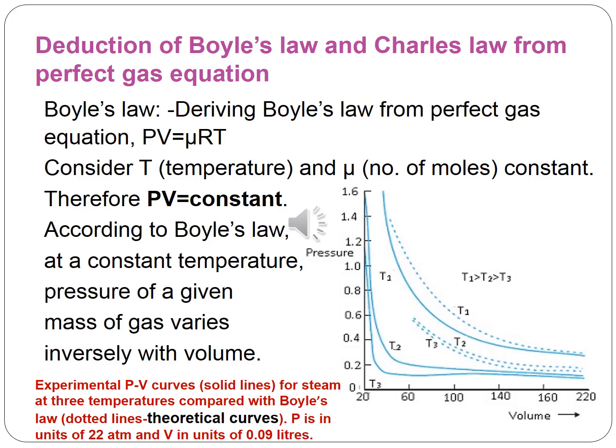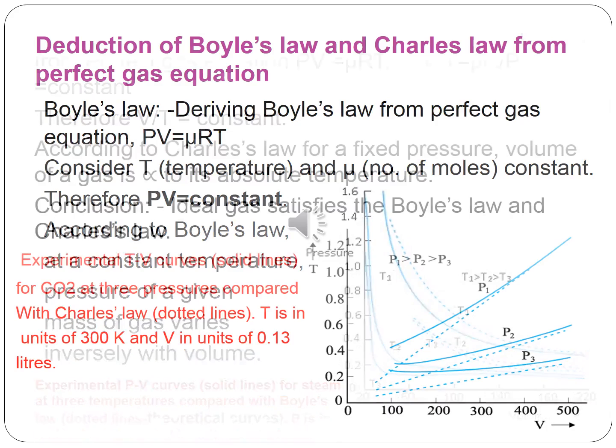As I told earlier, at high temperature and at low pressure, the real gas behavior comes close to the ideal gas behavior. We have considered the real gas as steam.